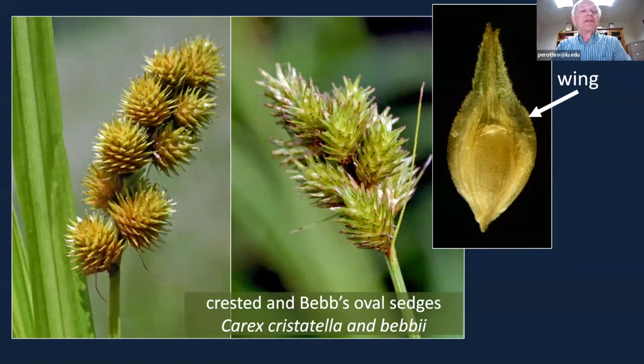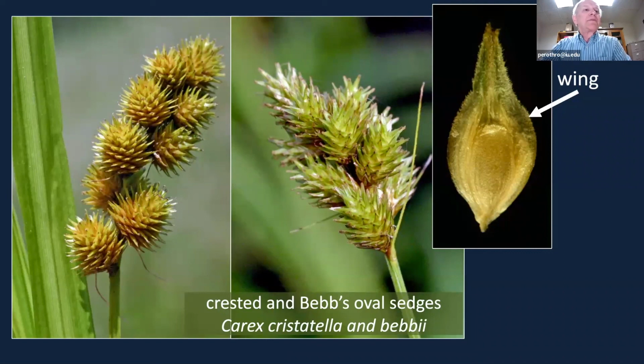Perhaps you were able to spot the differences in the shape and coloration of the perigynia, and maybe the more obvious differences in the shape of the inflorescence. For example, the crested oval sedge is noteworthy for the globe shape of these lateral branches.